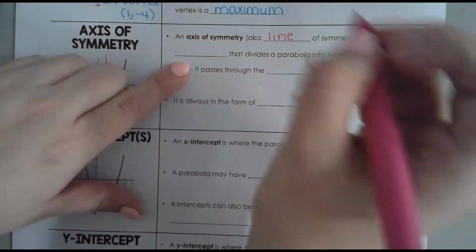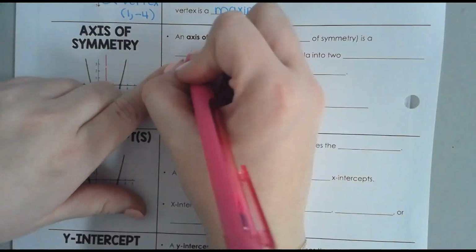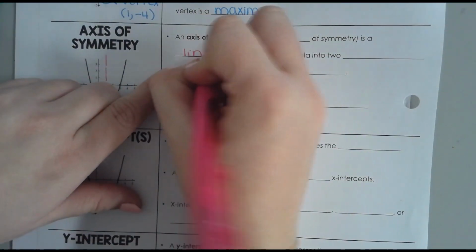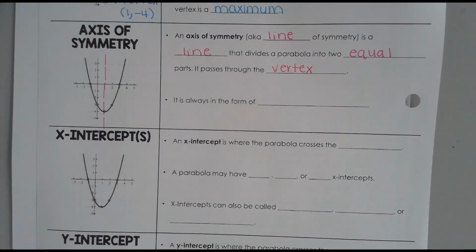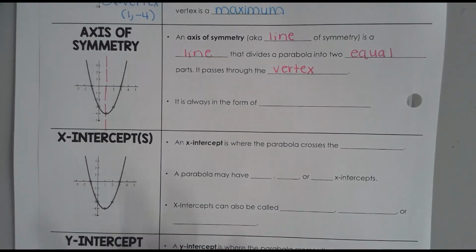So it is a line that divides a parabola into two symmetric halves, and it always passes through the vertex. When I ask you for the axis of symmetry, a long time ago, you learned about vertical lines.